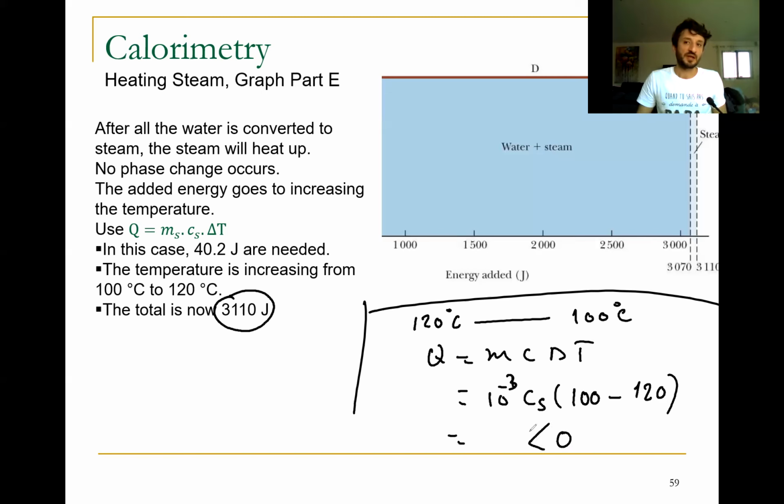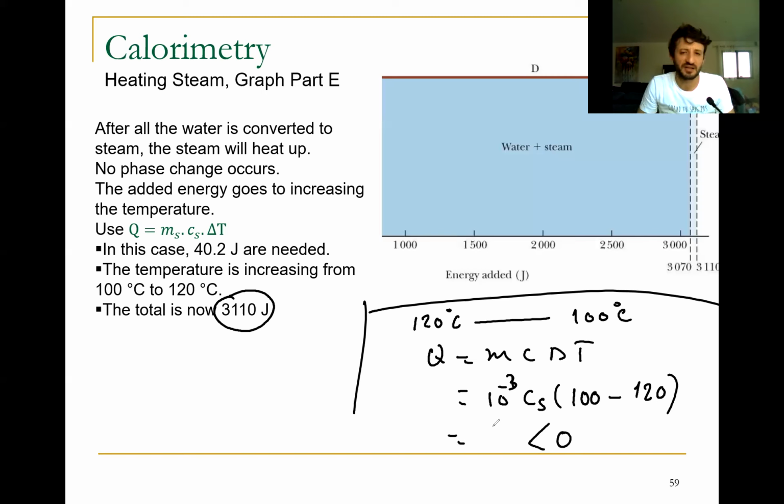Okay, why? Because we decrease the temperature. In this case, you have to release the quantity of heat. The energy is released from the system. In this case, it must be negative. So if we go from up to down, we release the energy and Q must be negative. If we add the quantity of heat, it must be positive.